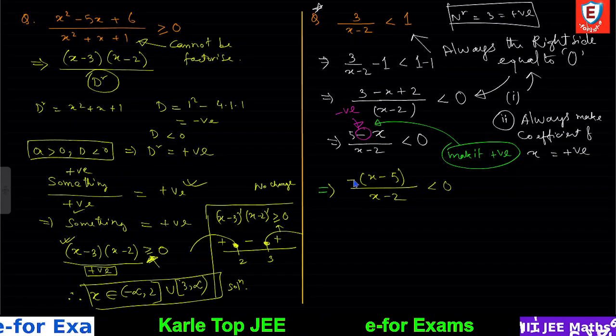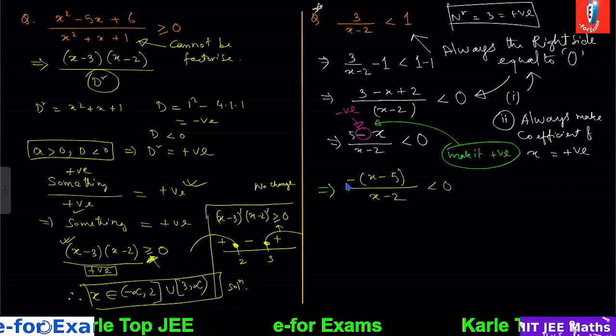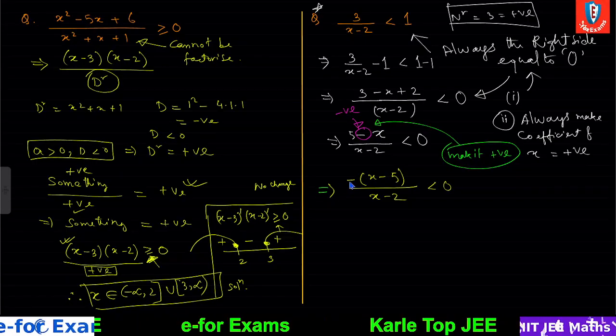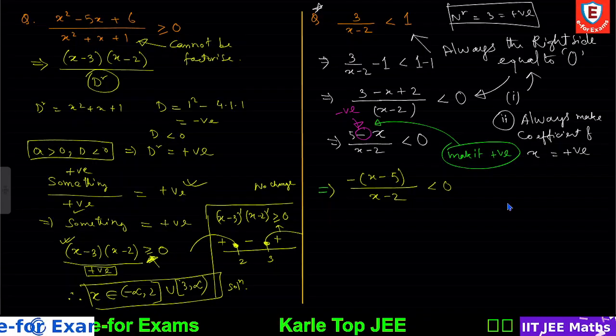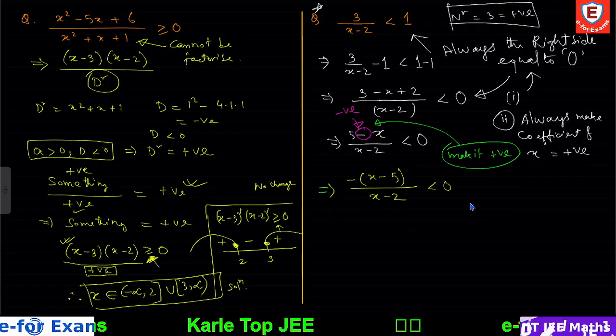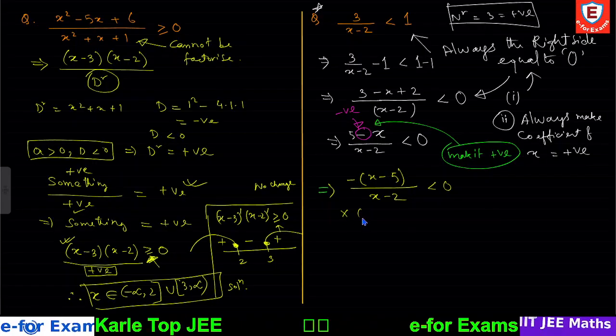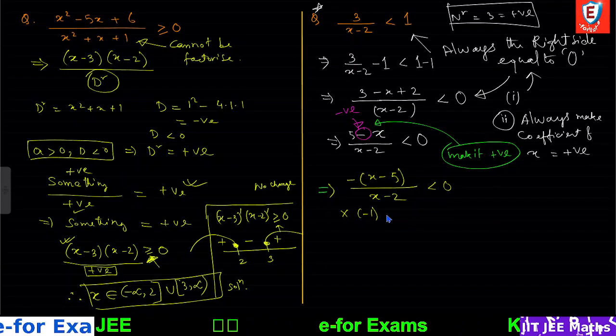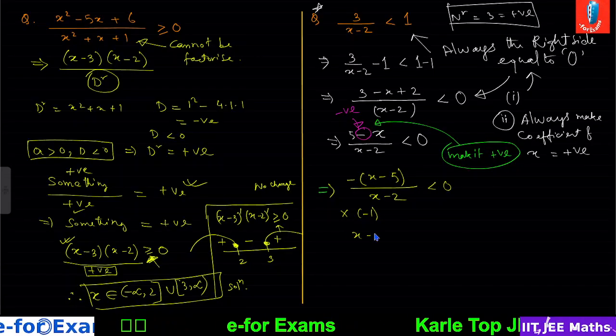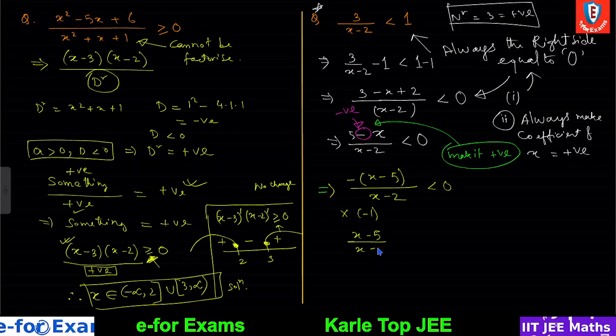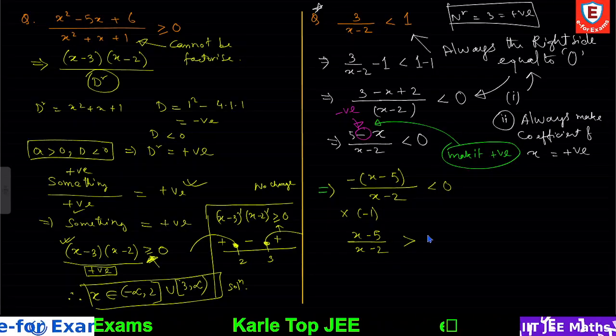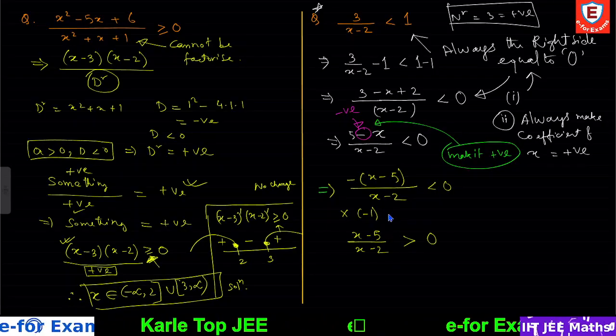Now minus 1. In order to remove this minus, we can multiply both sides by minus 1, right? So multiplying by minus 1, x minus 5 by x minus 2, the sign will be changed here, to 0.